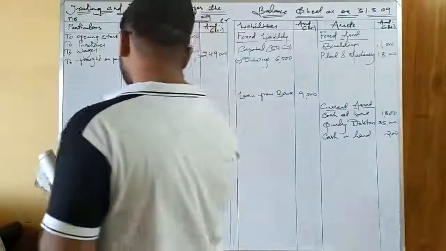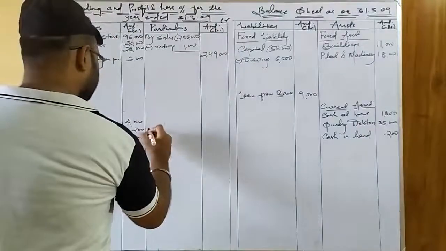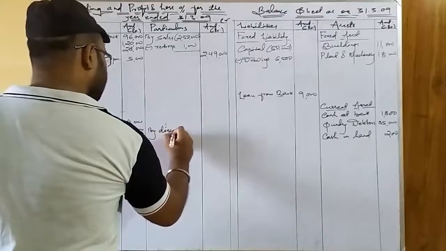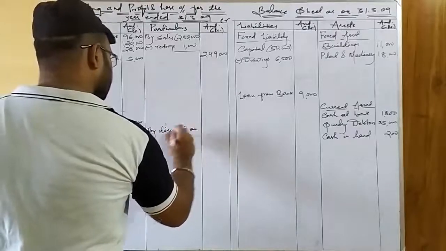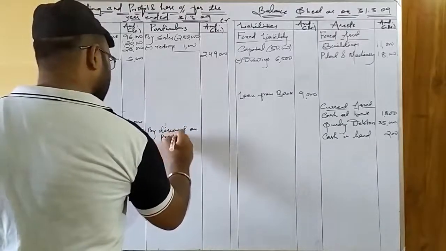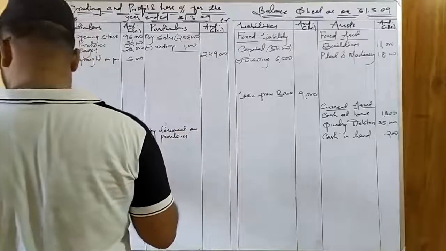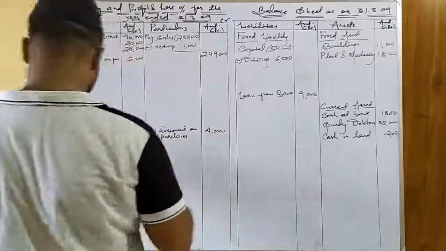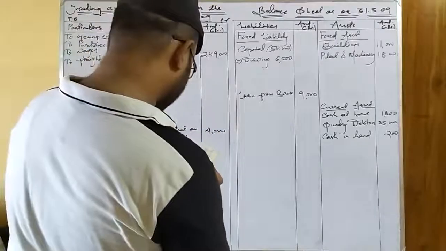So we will write here, by discount on purchases. So discount is given as 4,000 rupees. Next we have sundry creditors.